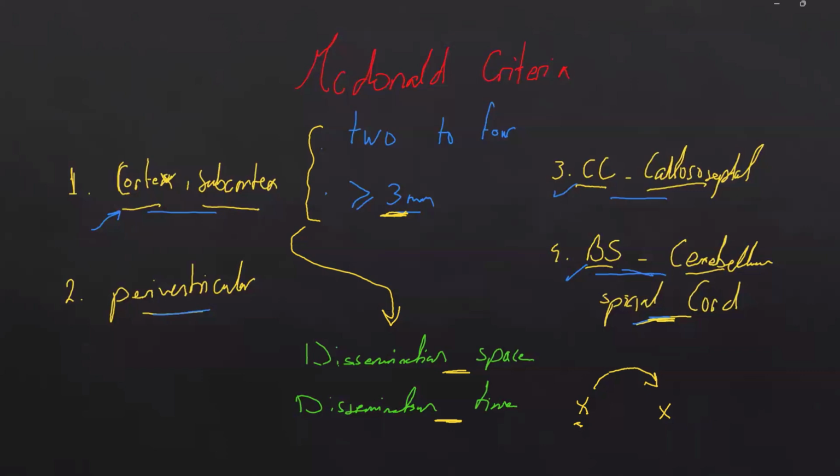So we have changes between the old and the new studies over an interval of time. This is called dissemination in time. To apply this to our case today, we had multiple follow-ups for the case, and we detected dissemination in time. There was a new lesion, and some of the old lesions appeared partially obscured. So we have both criteria, dissemination in space and dissemination in time, and the case was proved to be multiple sclerosis.